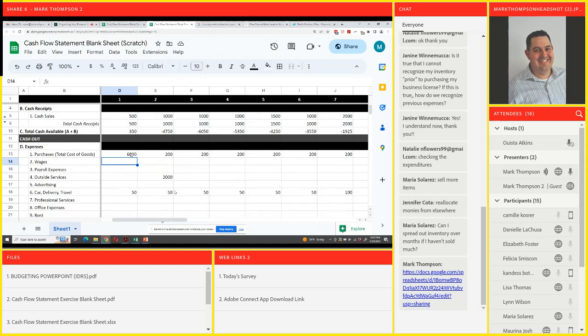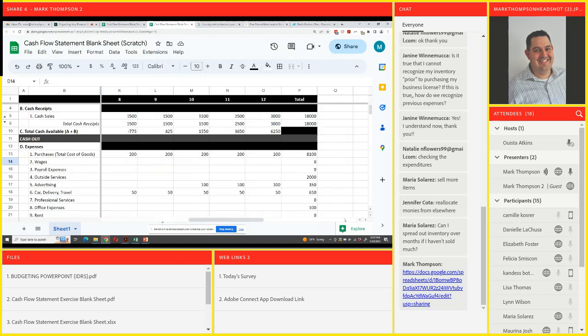And also, one of the things I would mention as well, yes, you can spread it out if that helps you process it a little better. But in the end, for the annual budget, it shouldn't matter, right? Because if you're going to be spending the money this year, you can see here, if we're just looking at this last column, that $8,100 in inventory has been spent this year.